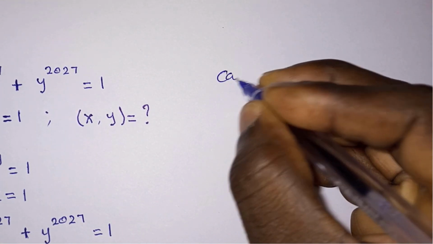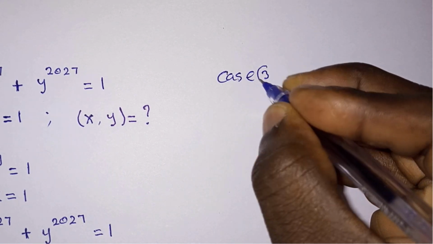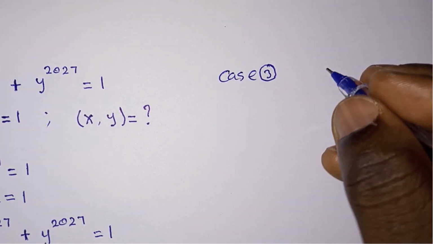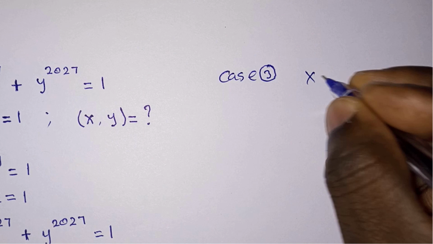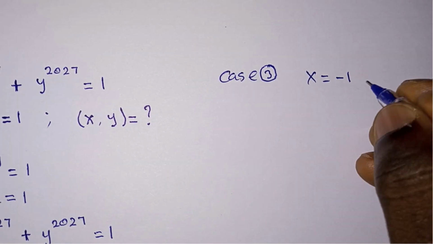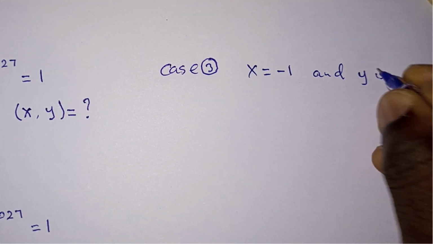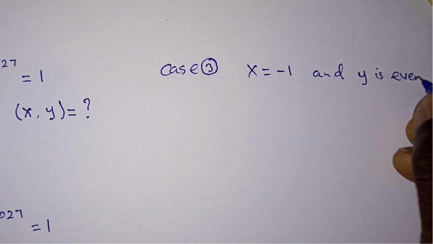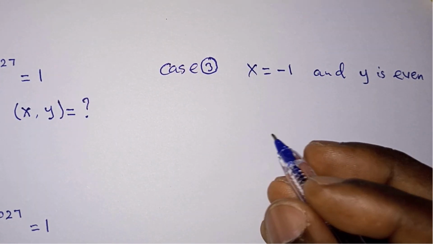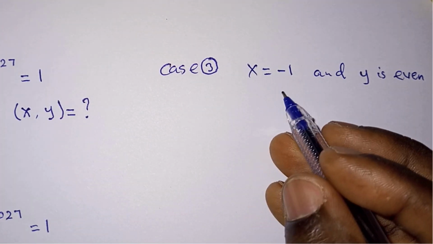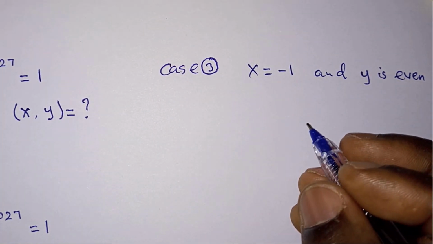So case 3, we are saying that x is equal to negative 1 and y is even. So let's see whether this one will work for the equation. We are saying x is negative 1 and y is an even number.